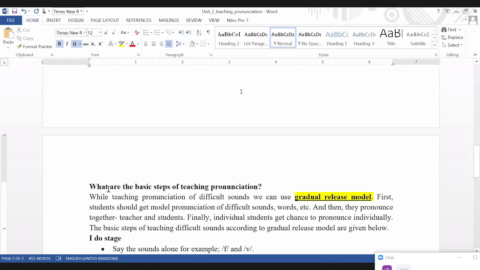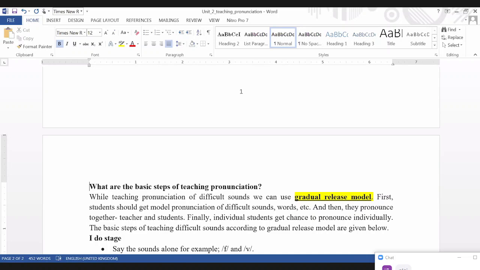Now, just to discuss one simple question I have mentioned here: what are the basic steps of teaching pronunciation? The question could be asked as: what problems do Nepalese learners of English face in learning English pronunciation?